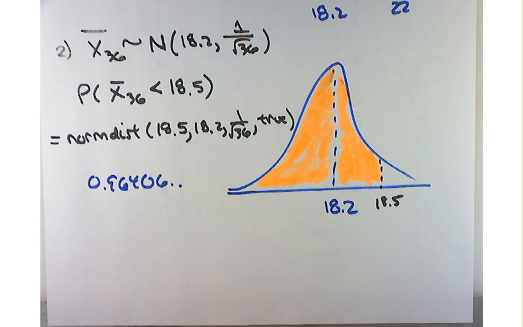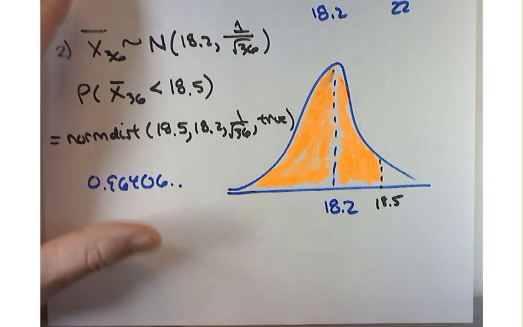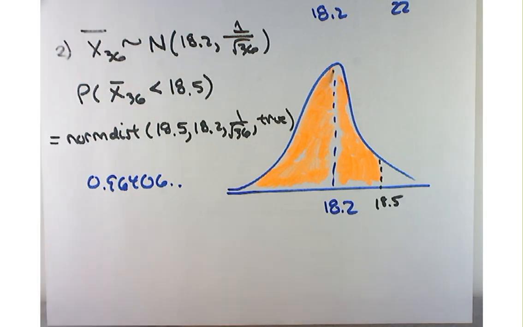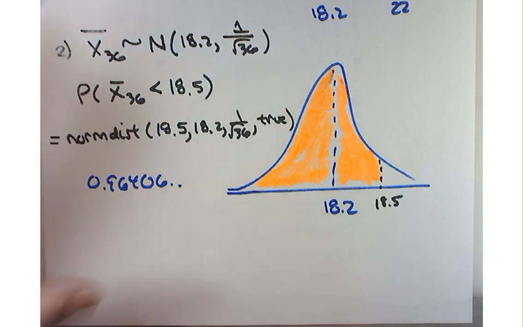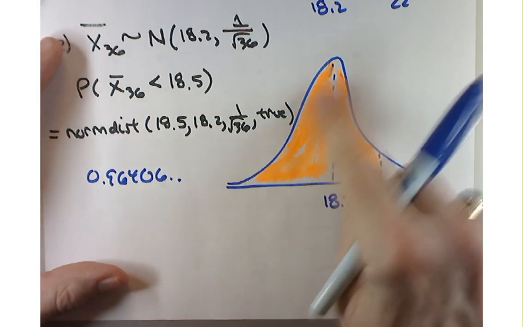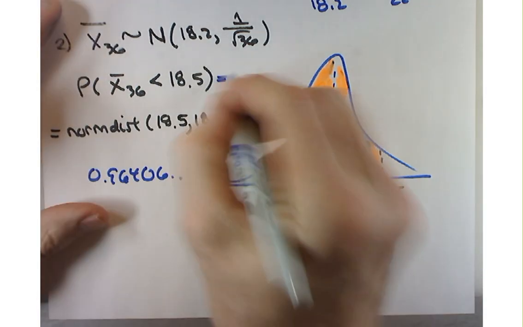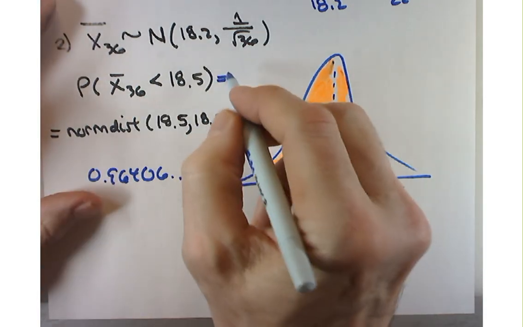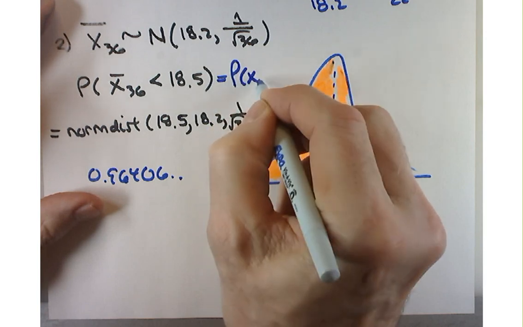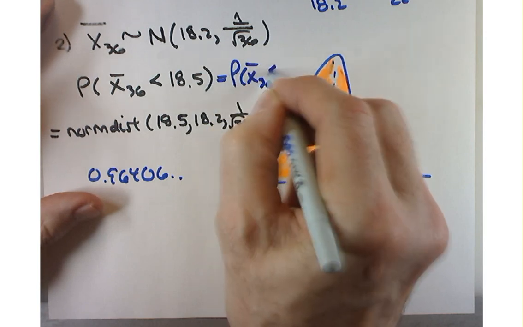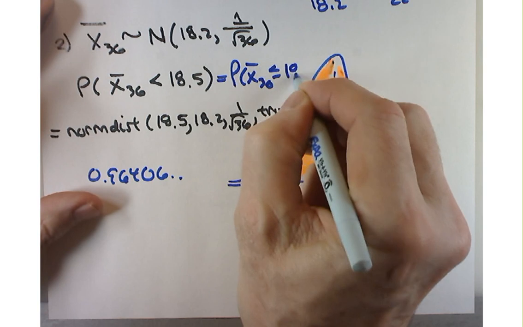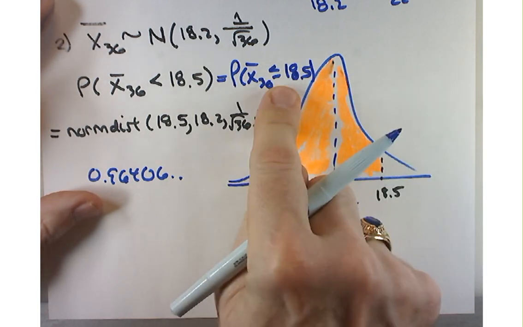That's a great question. Ironically, I got asked that in my morning class. When you're dealing with a continuous distribution, it doesn't matter if I wrote less than or equal to. I could write the probability that x bar sub 36 is less than or equal to 18.5, and it's still going to be the same.